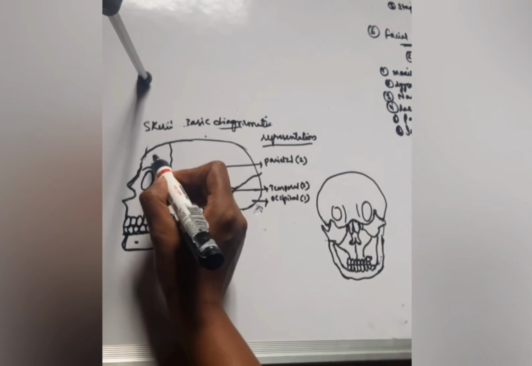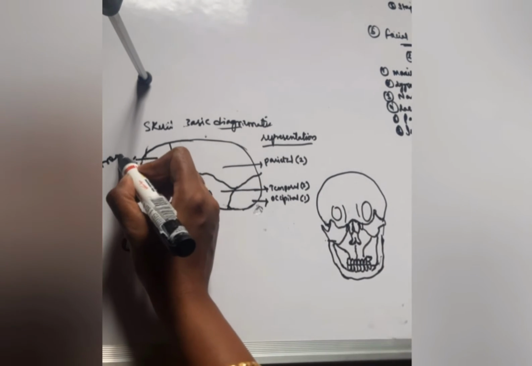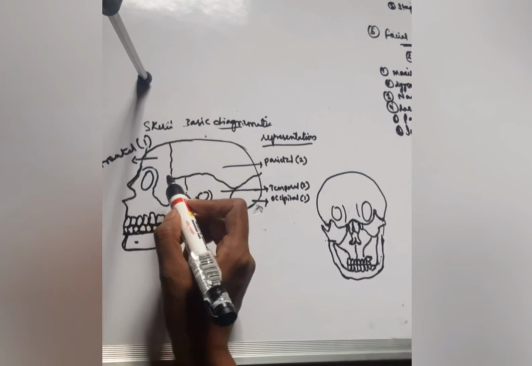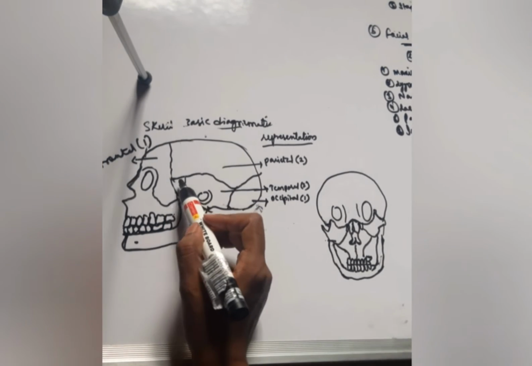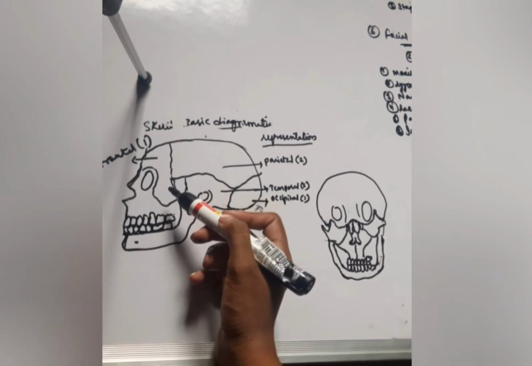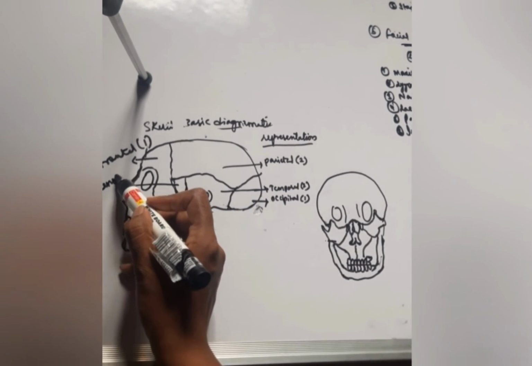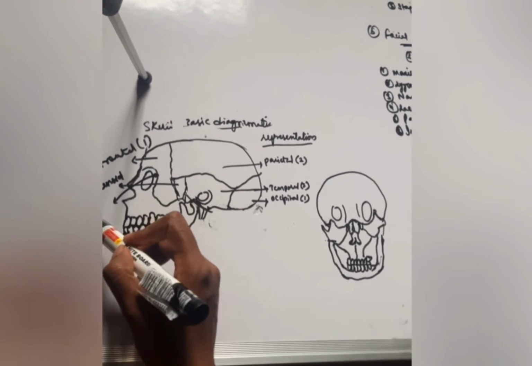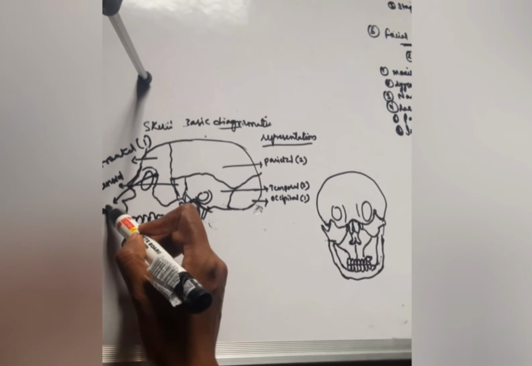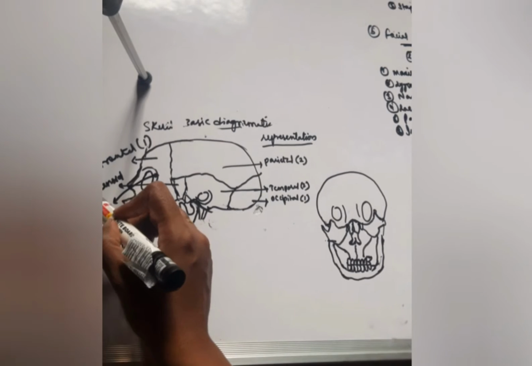This is the frontal bone, unpaired bone. Sphenoidal bone is present somewhere here inside, from the inner side. Okay, sphenoidal bone, and somewhere here ethmoid bone. All these are 1 in number.